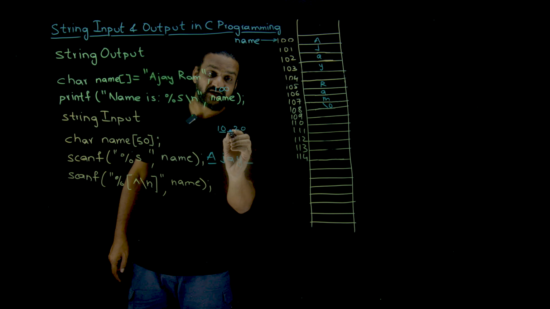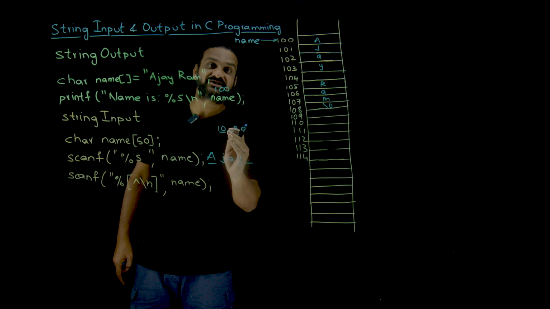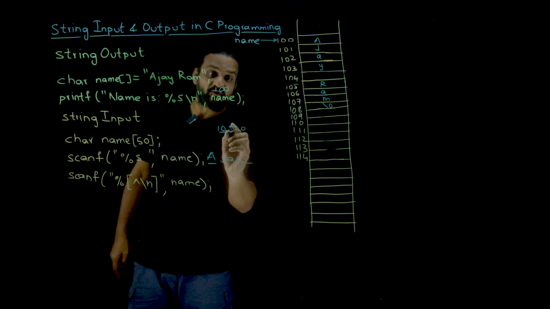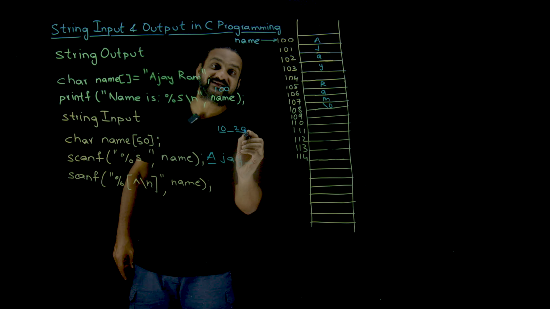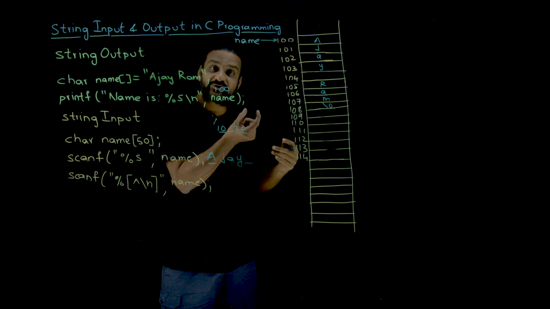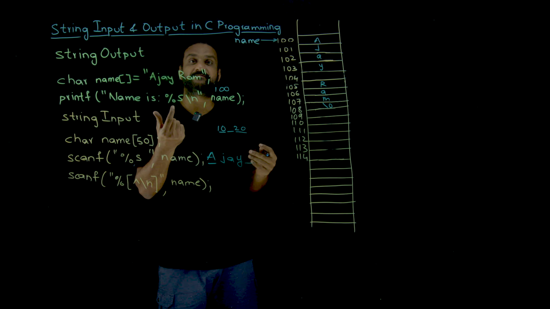Whatever comes after this space, whether it is a single space or multiple spaces, from the first non-space value onward, it is going to take into another variable.